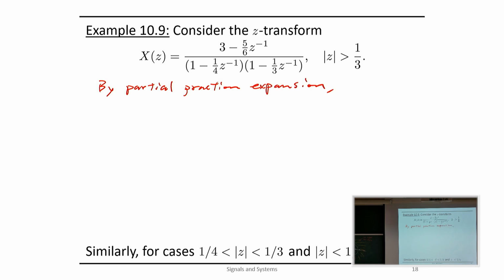By partial fraction expansion, you can split this into 1 over 1 minus 1 over 4 z inverse, plus 2 over 1 minus 1 over 3 z inverse.